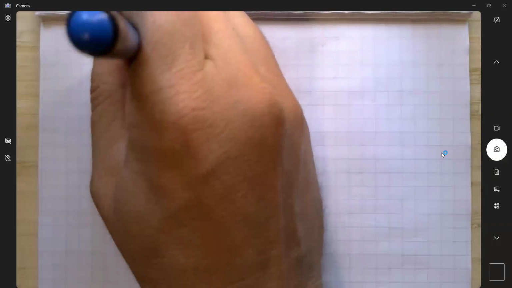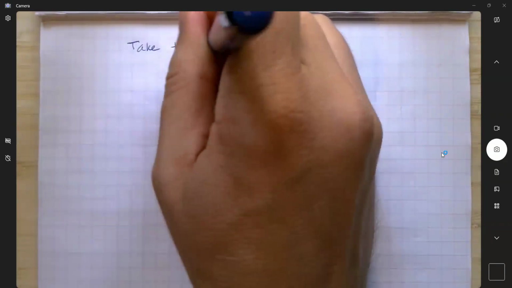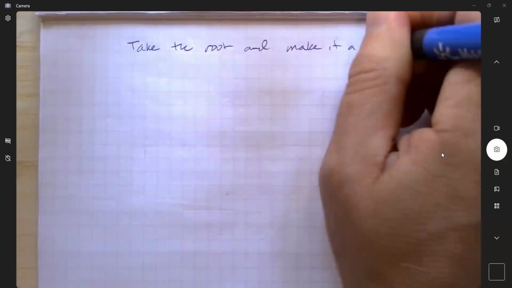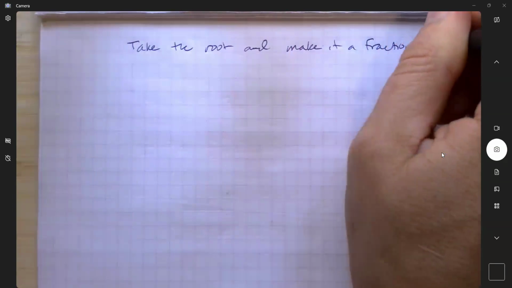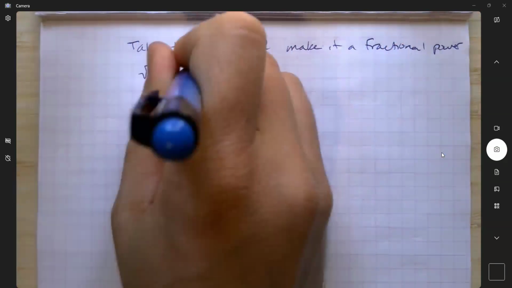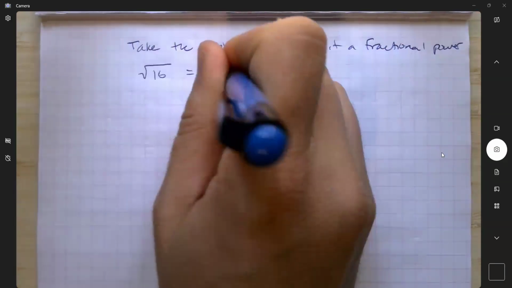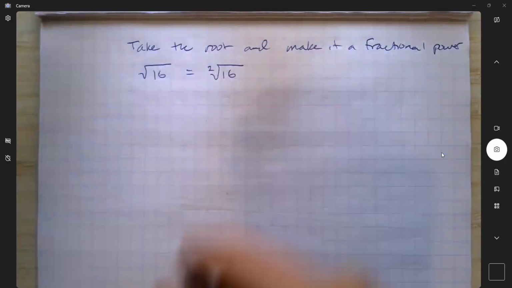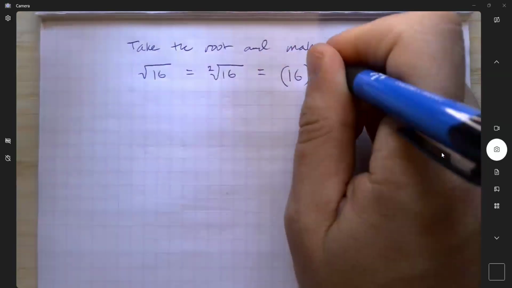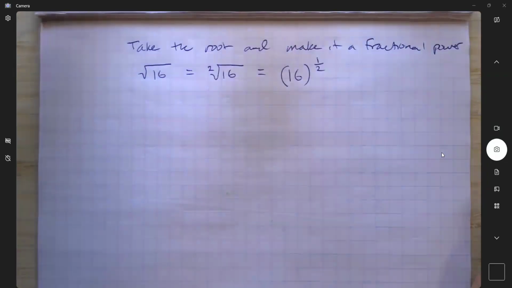And we can write them as powers in such a way that they follow all the same rules of exponentials. Take the root and make it a fractional power. So the square root of 16, which remember when you don't see the symbol, we think of it as a 2. We take the root and we make it a fractional power, we make it 1/2.